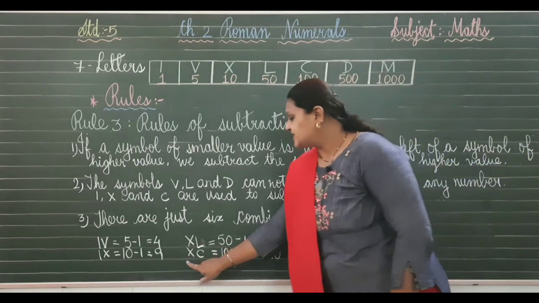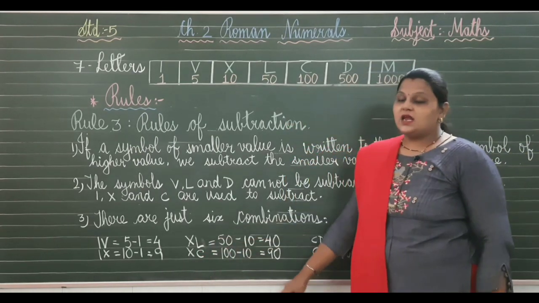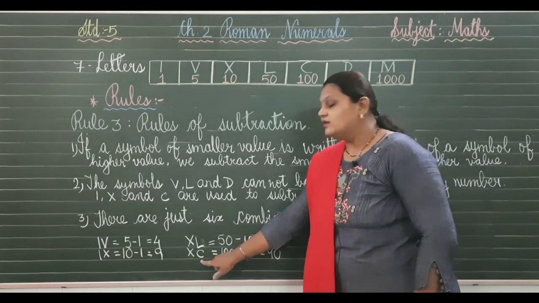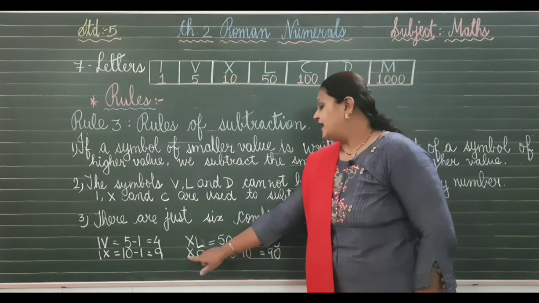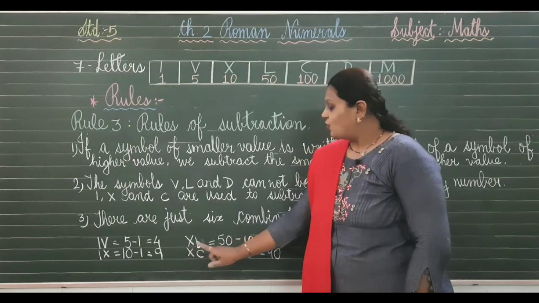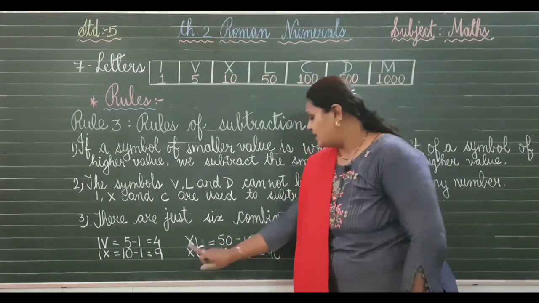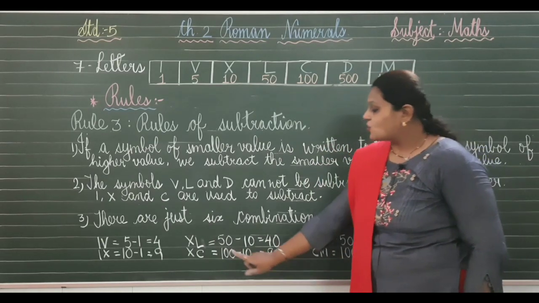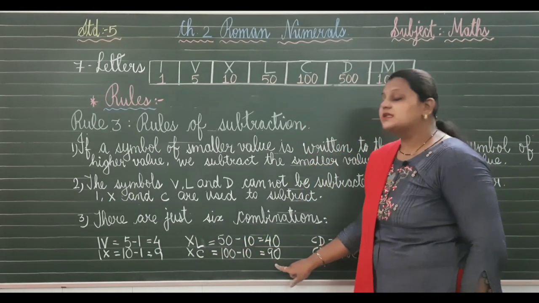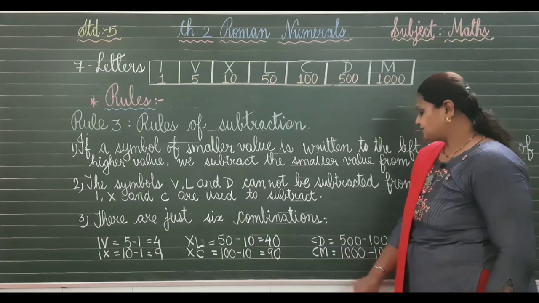Next, XC. Again, C is greater, which is 100, and X is 10, which is left side. So 100 minus 10, that is 90. So XC means 90.